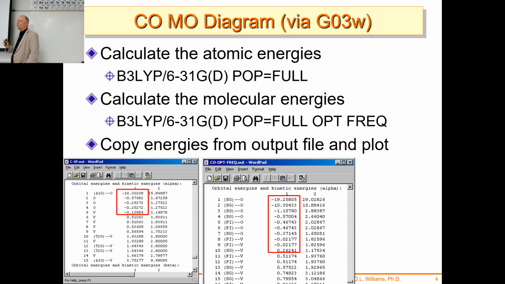And so there's a few things in here that are finer details that I wouldn't expect you to do. But in general, it's the same exact exercise that we just did that you could do by hand. So in these output files, you see the energies of the different orbitals. The negative ones are going to be occupied, and the positive ones are going to be unoccupied.